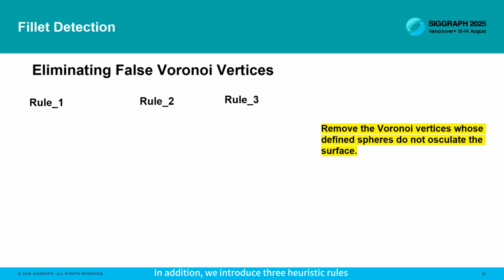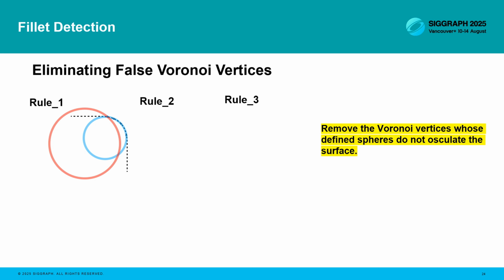In addition, we introduce 3 heuristic rules to improve efficiency. By removing many unnecessary Voronoi vertices, we only keep vertices whose defined spheres osculate the surface. Specifically, we check the following. First, Rule 1 removes Voronoi vertices with overly large radii, since they are unlikely to correspond to fillets.